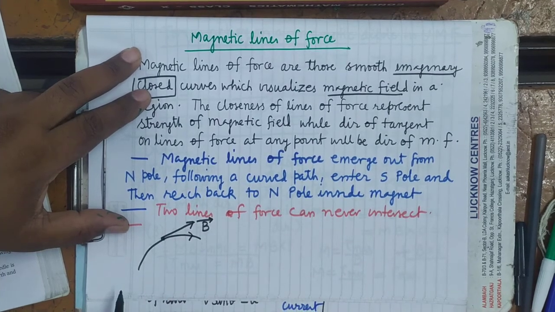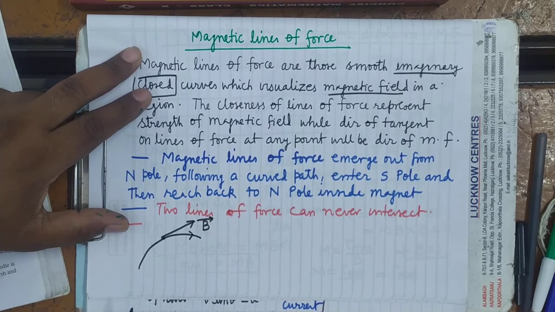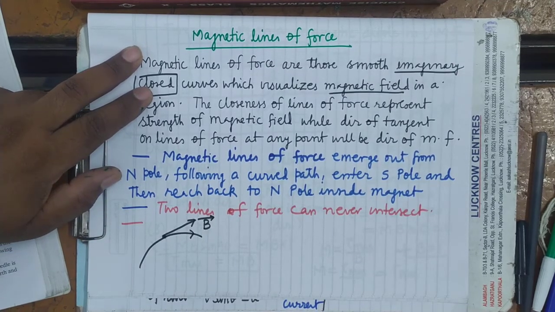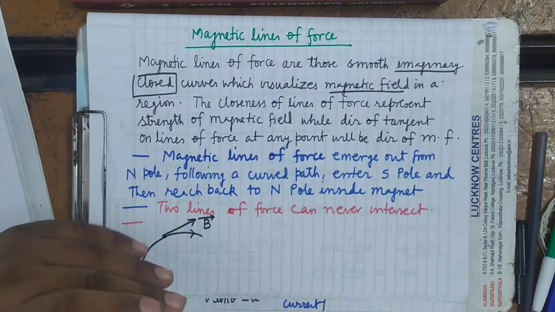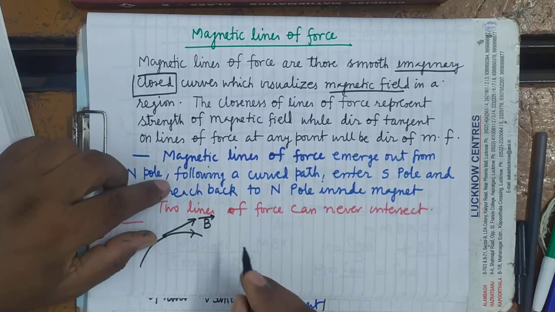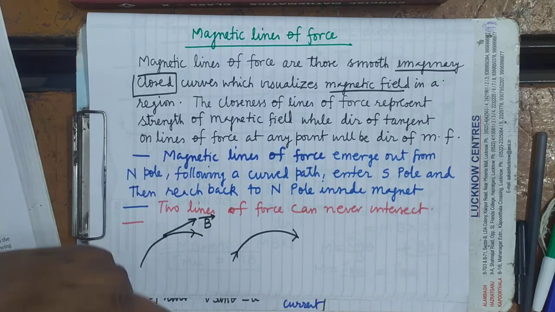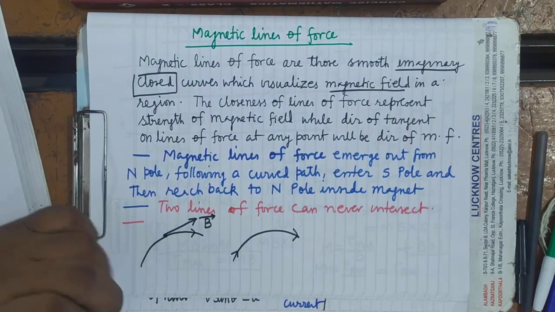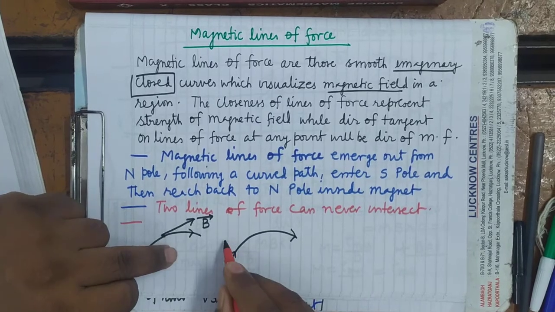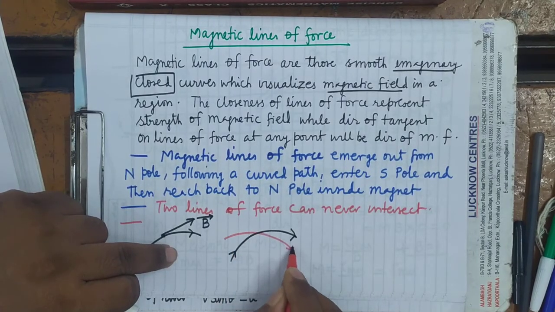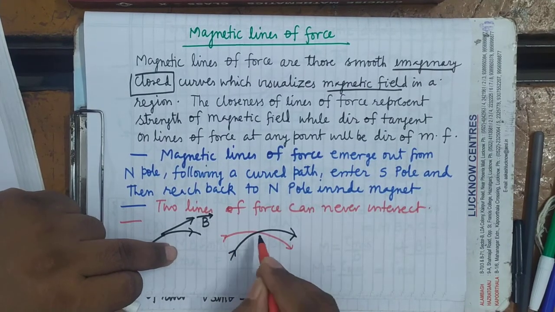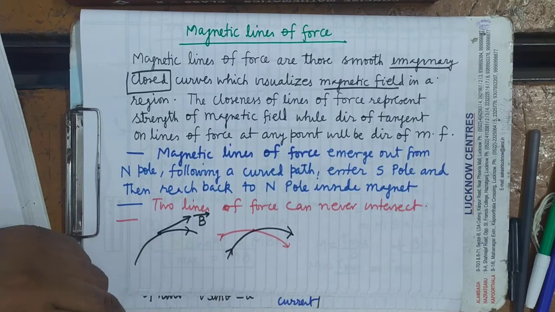There are some properties. One is, two lines of force can never intersect, because if they intersect at any point, there will be two directions of tangent. Suppose this is one line of force, and this is another line of force. They are intersecting at the point P. So at the point P, there will be two directions of magnetic field.